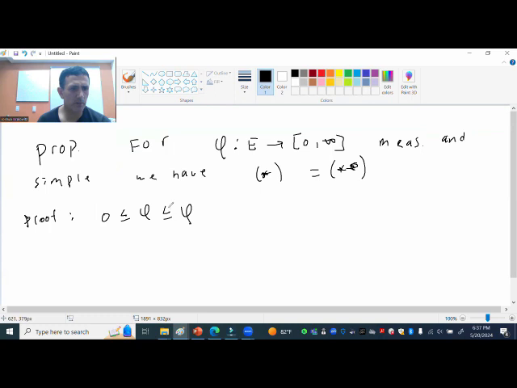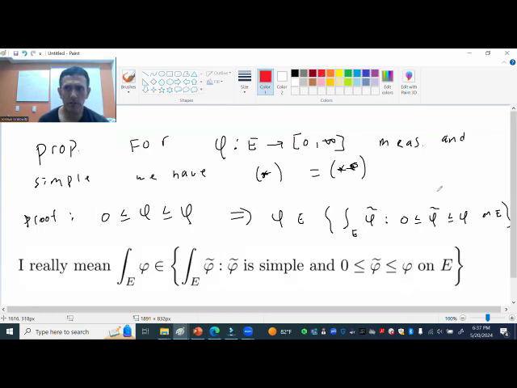So this is simple. In particular, that means this is going to be in the following set, just absolutely trivially, by setting varphi tilde to be just varphi. Trivial, definition of supremum, really.